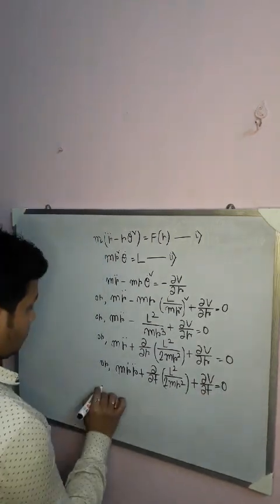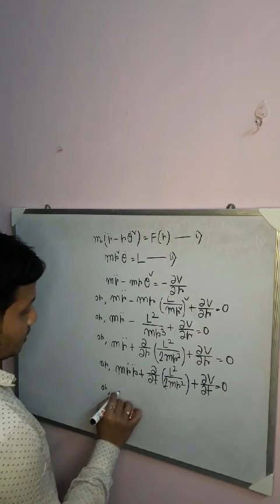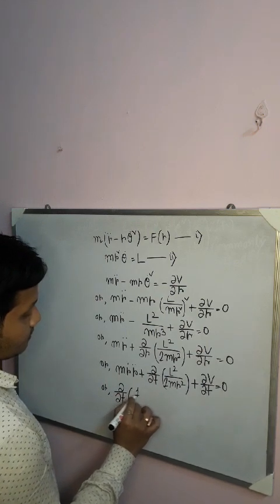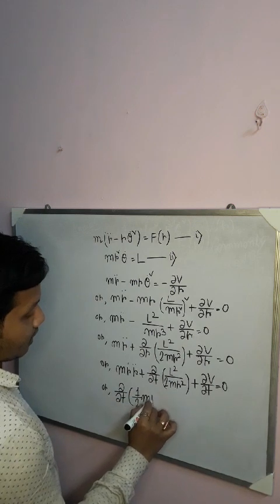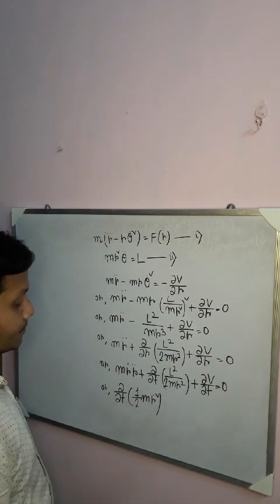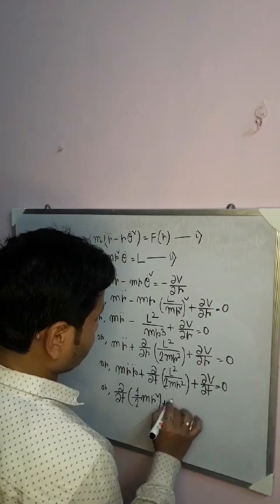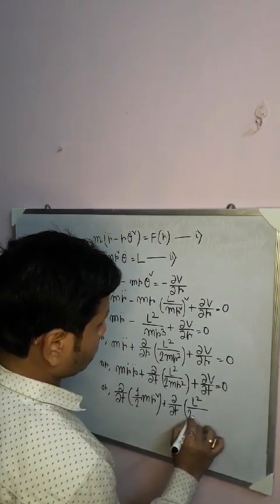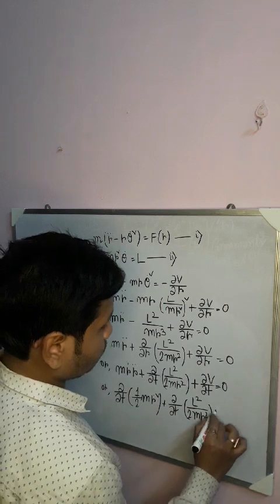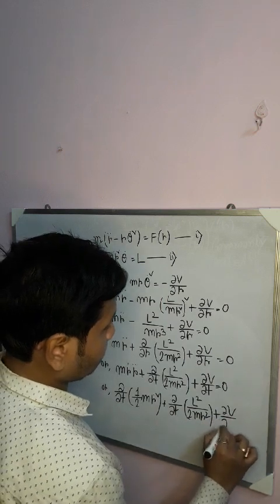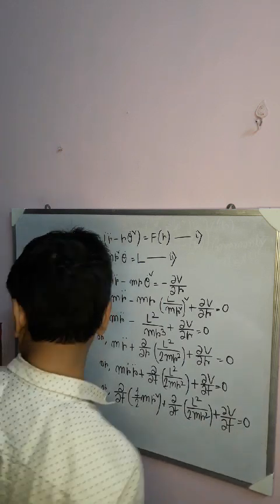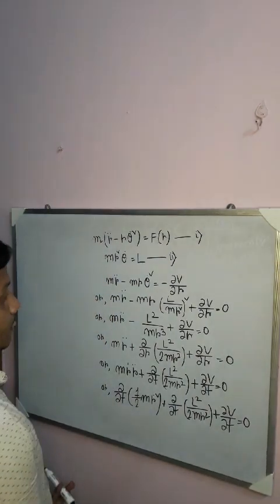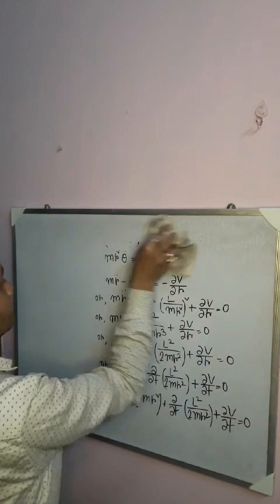Now this term can be written in terms of a time derivative, del del t of half m r dot square, plus del del t of L square by 2 m r square, plus del V del t, equals 0.